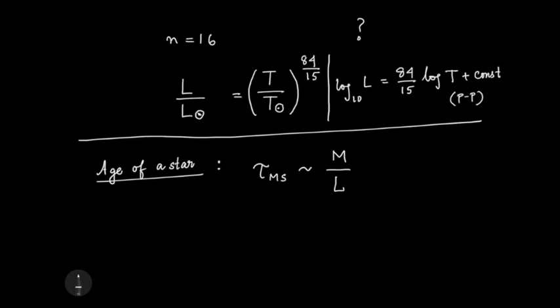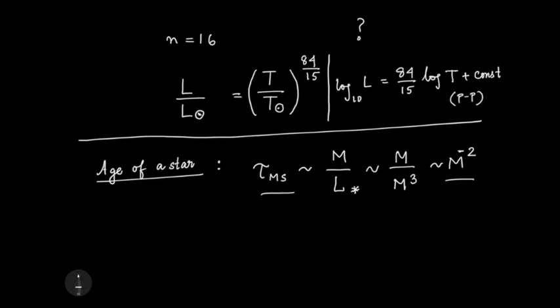Epsilon again is a constant, binding energy per unit mass. So this is M by L star. L star goes as M cube. So this is M minus 2. So you see, higher the mass, lower is the lifetime.